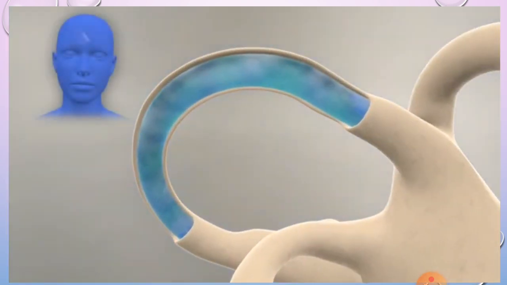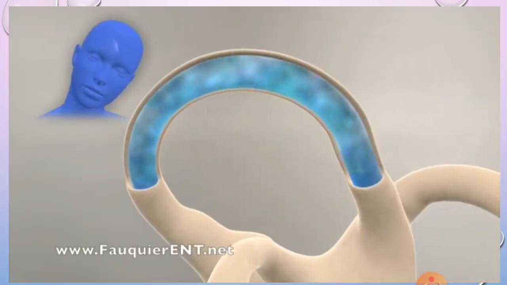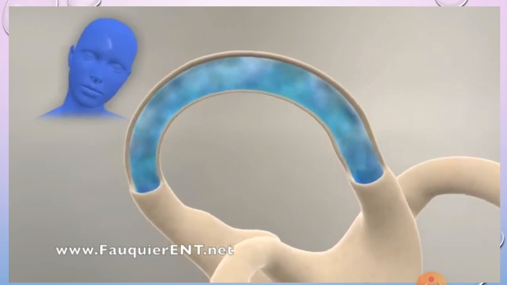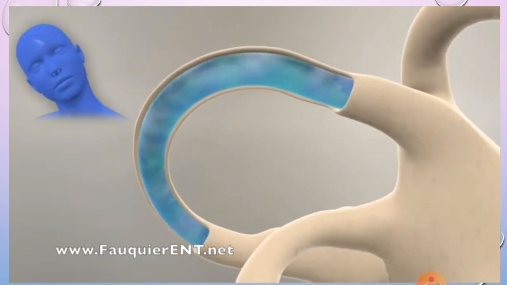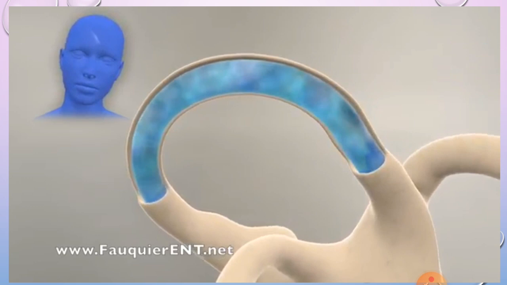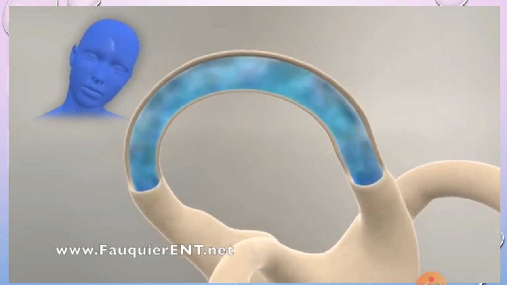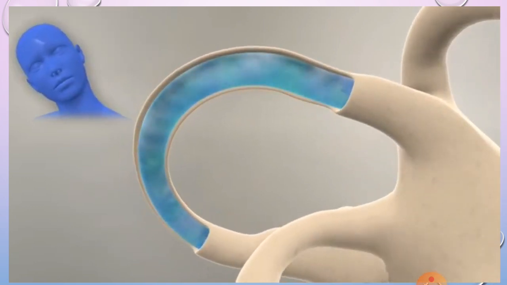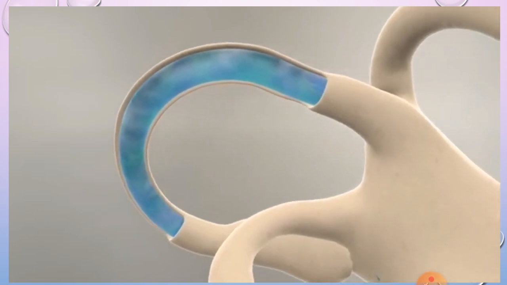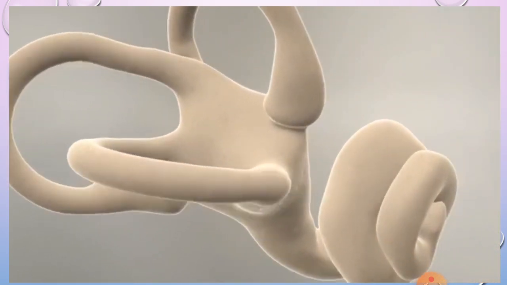Each semicircular canal is filled with fluid. Displacement of this fluid occurs in the canal, and signals are sent. The posterior semicircular canal detects when the head tilts towards the shoulder. You can see the movement of the endolymph in the semicircular duct.